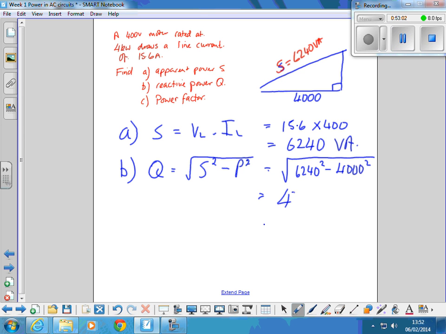4789 units. VAR, yeah. 4, 7, 8, 9. It is volt amps, but the R is representing volt amps reactive.